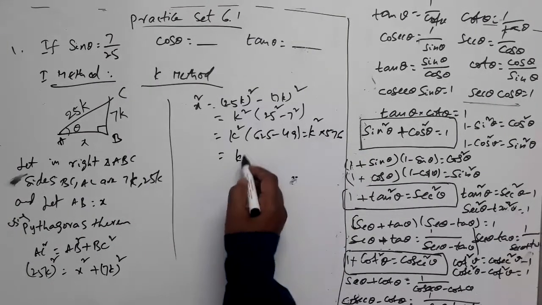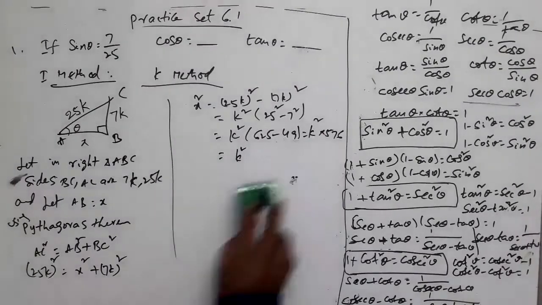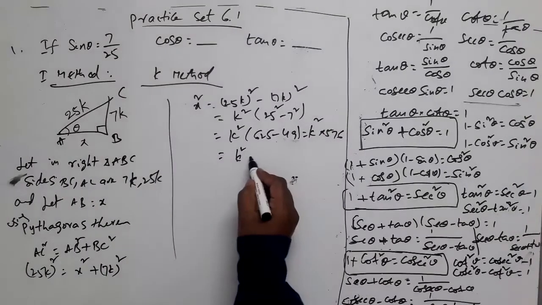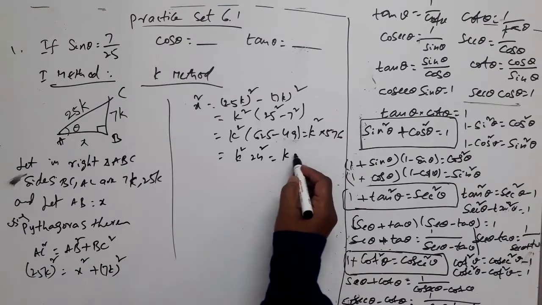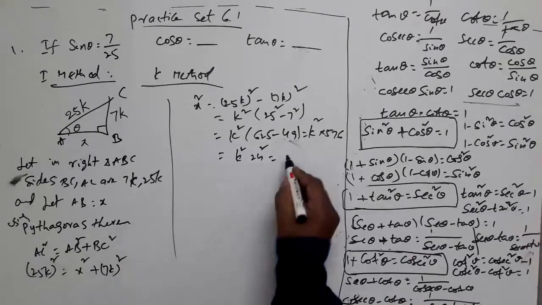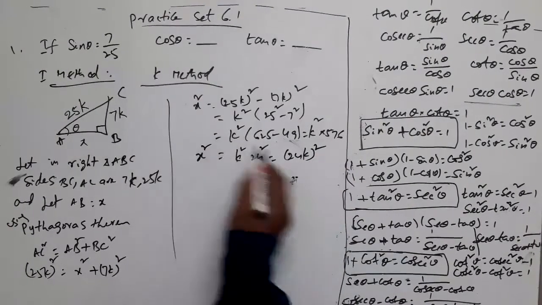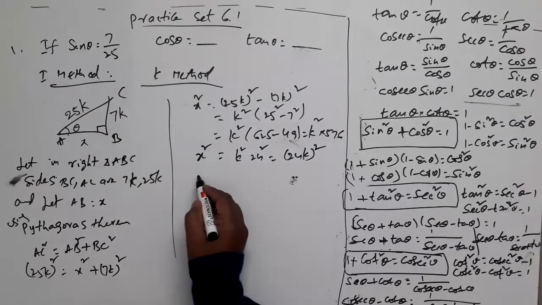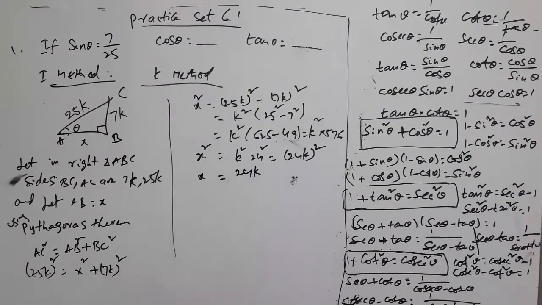But 576 we know is 24 square, right? These are our familiar numbers, right? So this is 24 multiplied by k whole square, right? X square is 24k whole square. So what can I write? X is 24k.